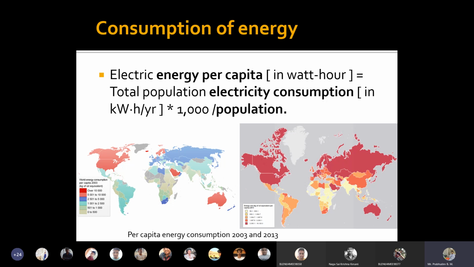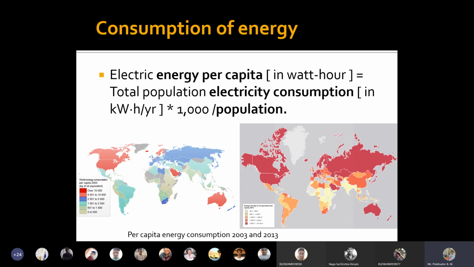Meanwhile, we'll discuss the energy consumption by the world. What is the energy consumption by the world? You can see in the slides. During 2003, in countries like the US and Australia, the power consumption is so high that they are considered prosperous countries.